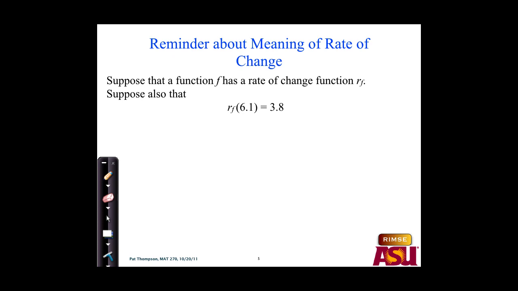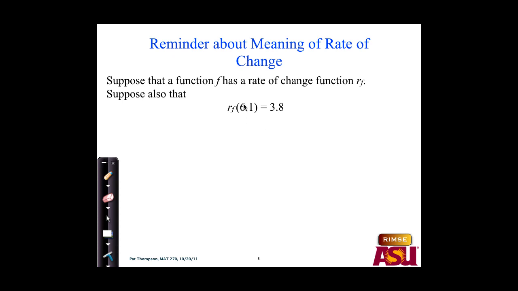Not important for your mastery test, but for the test that's a couple weeks after, it is, and the rest of the semester, it is. But r sub f of 6.1 equals 3.8. That means the rate of change of function f, when I'm in the neighborhood of x equals, or whatever the independent variable is called, 6.1, this rate of change is 3.8, meaning the output values are changing at 3.8 times the rate of change of the independent variable.